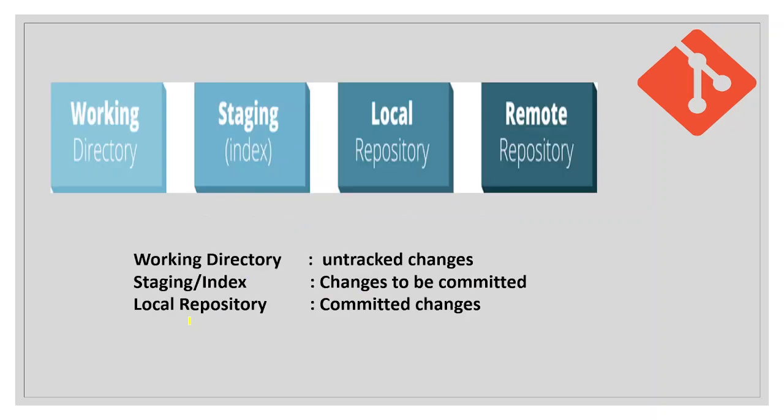We have a working directory, which is where you are going to work, and we have a staging area or index, a local repository, and a remote repository. If you make any changes in your working directory, like if you clone a repository into your local and modify a file or add a new file, those changes are called untracked changes.